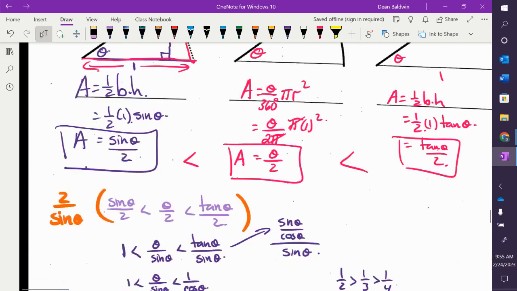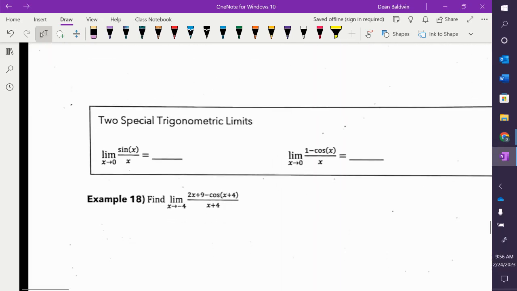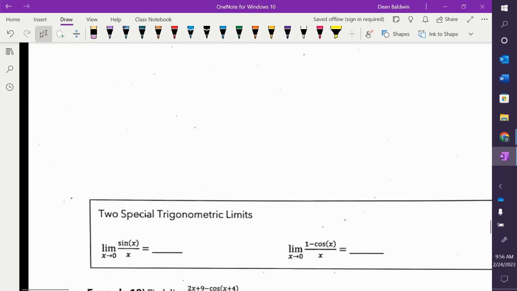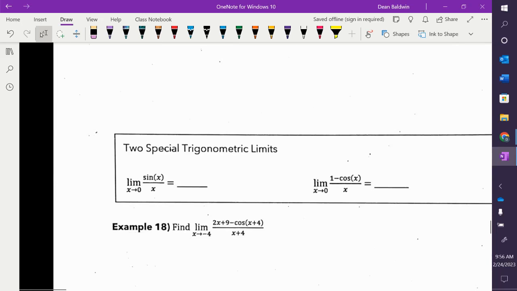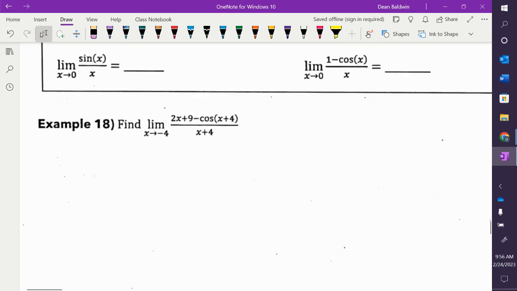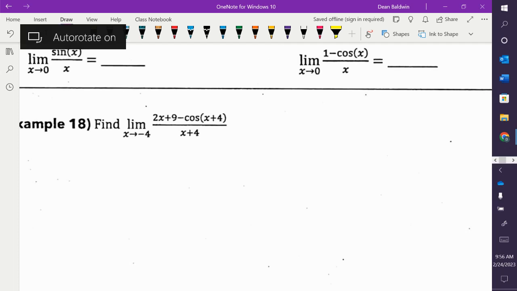Now, there was a really good question she had on here. Where did it go? This one. So if you go to page 75, example 18. I really like this question. Two x plus 9 minus cos x plus 4 over x plus 4. Okay.